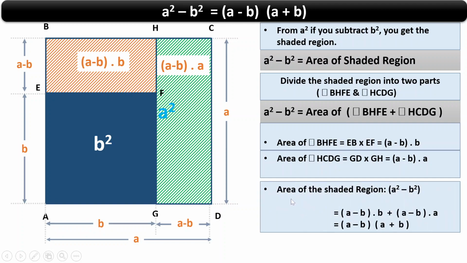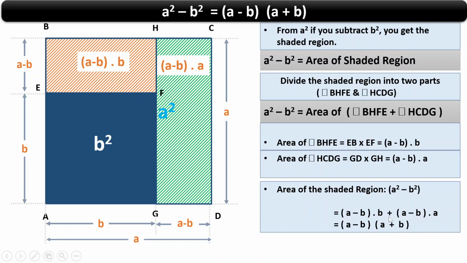Okay, so the area of the shaded region, A square minus B square, is equal to A minus B into B plus A minus B into A, got it? Which is equal to, so see this formula, let us simplify.